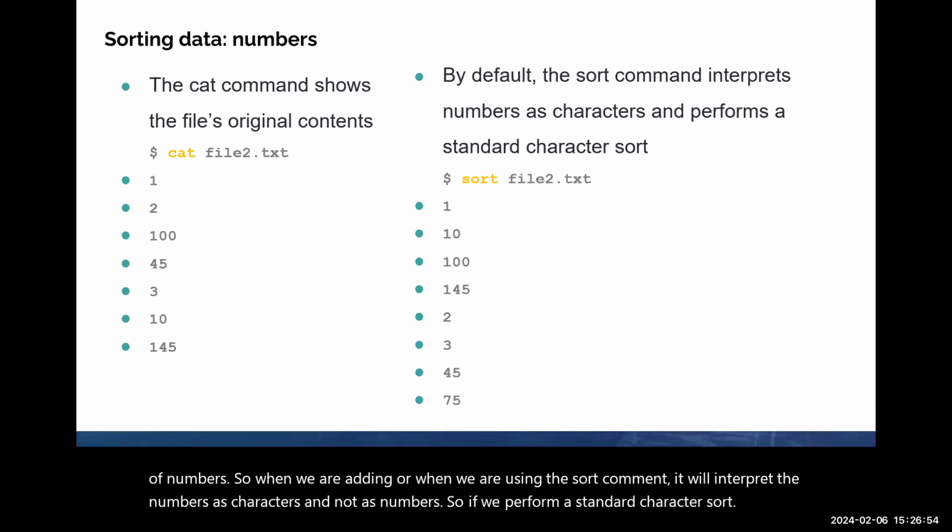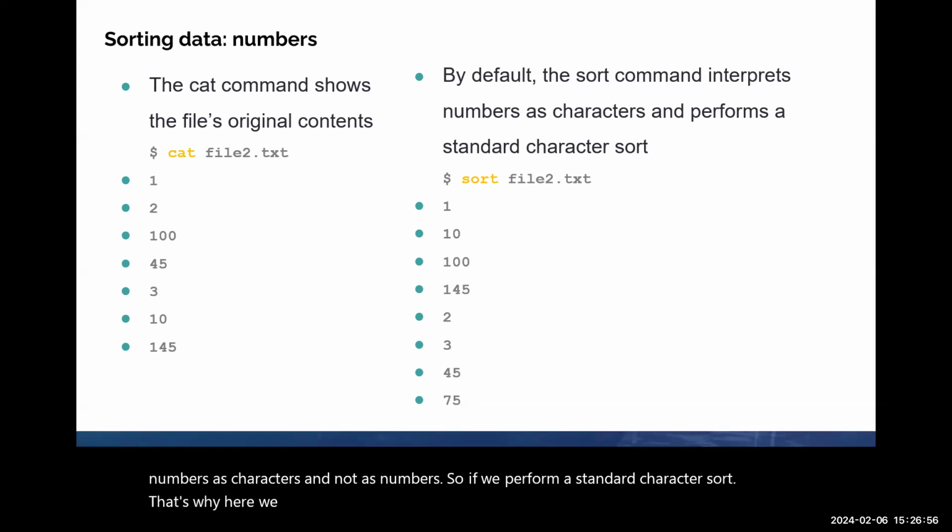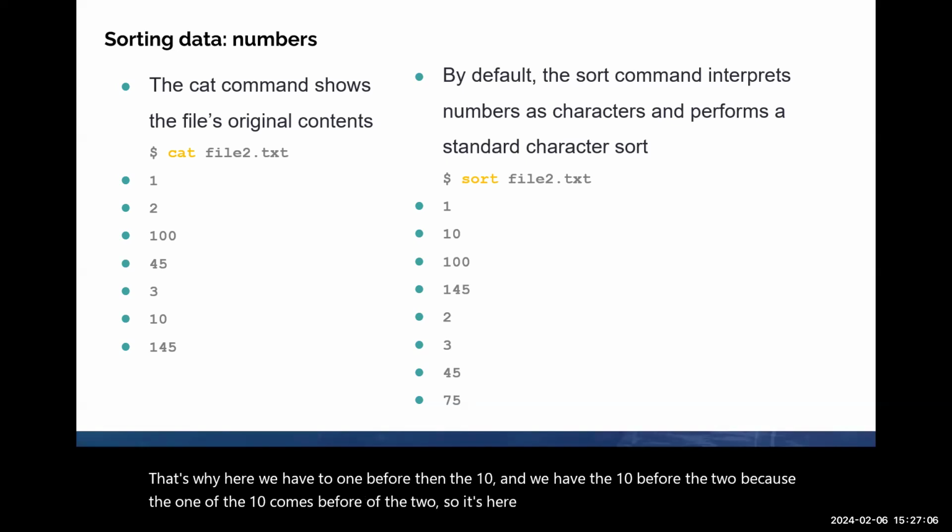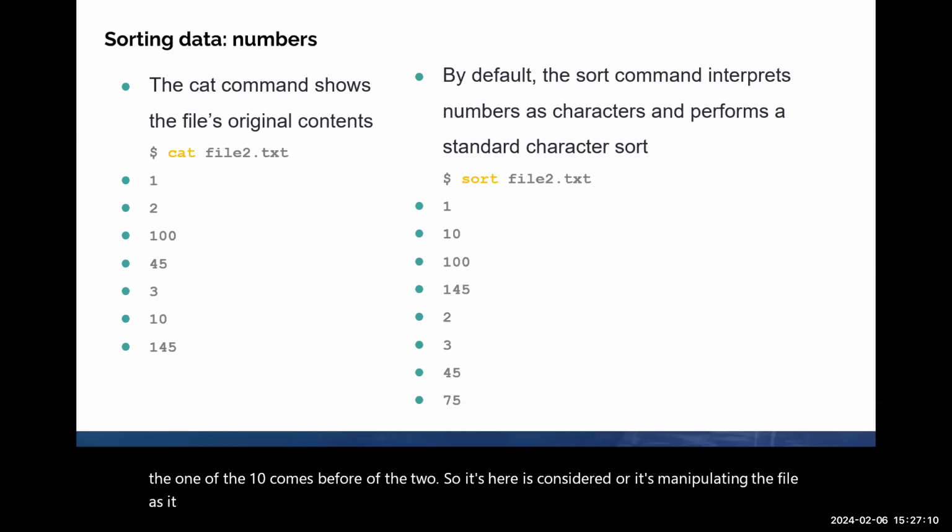That's why here we have the 1 before, then the 10, and we have the 10 before the 2, because the 1 of the 10 comes before the 2. So it is manipulating the file as if it is characters and not numbers.